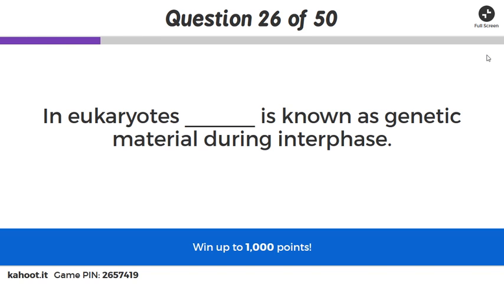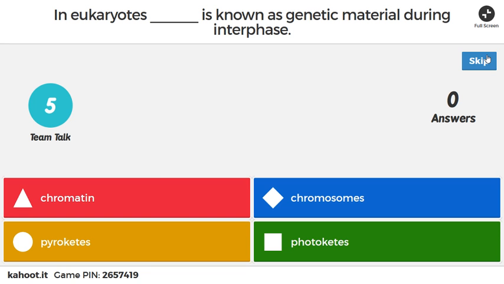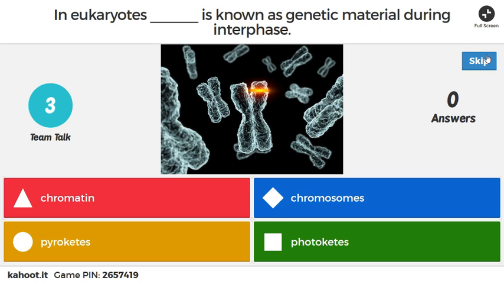So in eukaryotes, blank is known as genetic material during interphase. So what do we call the genetic material during interphase? It's often a tangled mess.